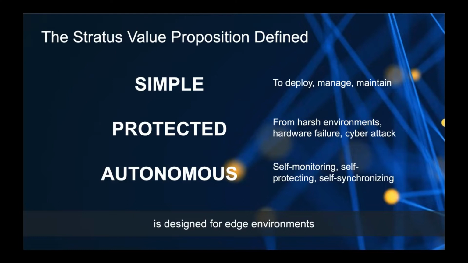If it cannot get to a point where it can fix itself, it will send an alert to Stratus, if we are monitoring the system, so that we can remotely connect and see what the problem is and whether we can easily fix it. If not, we will send a new part. That's also where the simplicity comes in, whereby you do not need IT skills to change that system.